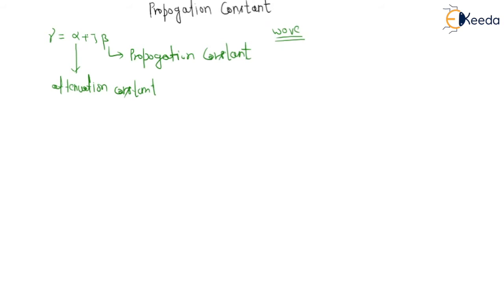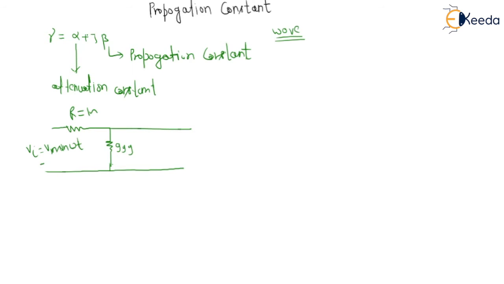So we can see in the diagram that this is the series resistance and this is the shunt resistance. Shunt resistance will be present where? In the insulator. So this is R, this value is very less, this is 1 ohm, this is 99.9 ohm. Let us assume Vi is equal to Vm sine omega t, and Vm value is taken as 1000 sine omega t.